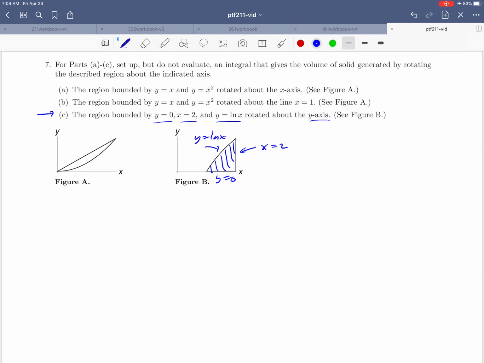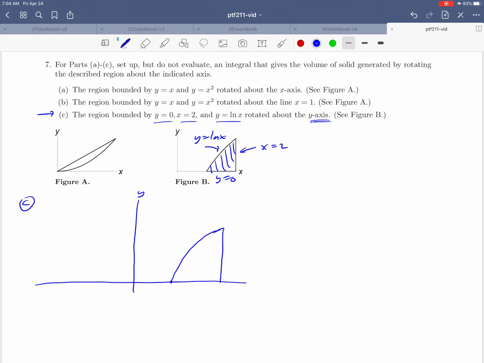In particular, we want to rotate that about the y-axis, so let's draw ourselves a bigger picture of this. Let's start by just sketching the region that they're giving us. And we want that region to rotate through the y-axis.